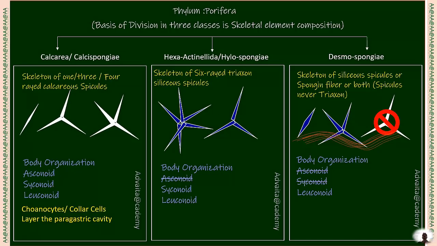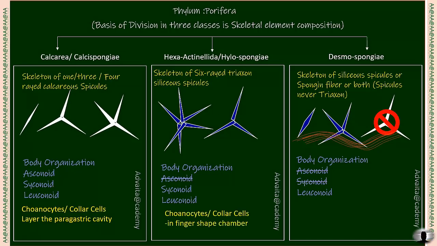That cavity is called the paragastric cavity or spongocoel. So in case of Calcarea, the entire spongocoel is lined by coenocytes. Meaning the coenocytes are confined to the paragastric cavity or the spongocoel.